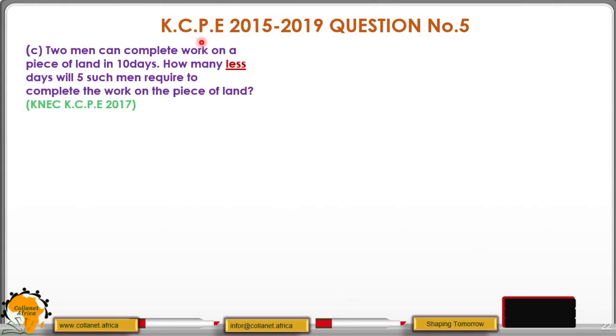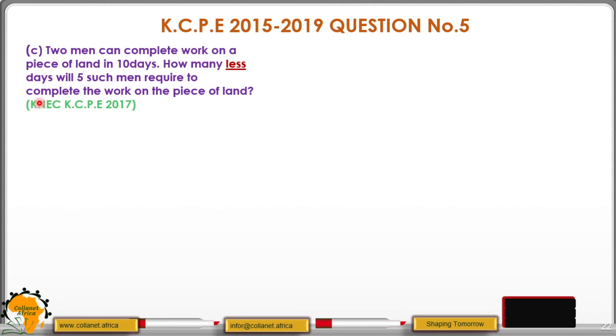Then we have part C. This was tested in question number 5, 2017, according to the Kenya National Examination Council, KCPE 2017. 2 men can complete work on a piece of land in 10 days. How many less days will 5 such men require to complete the work on the piece of land?